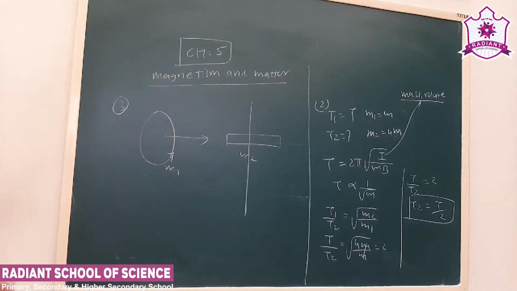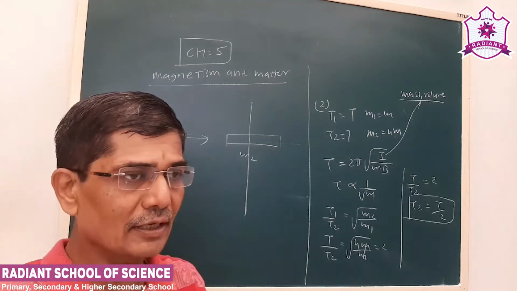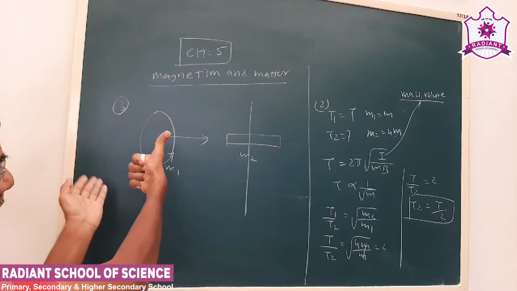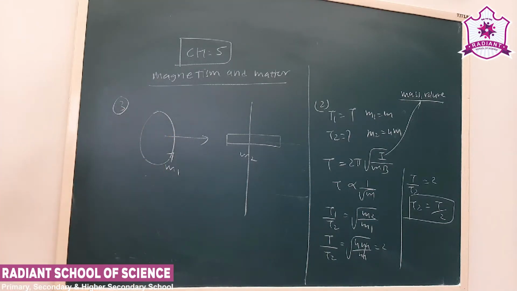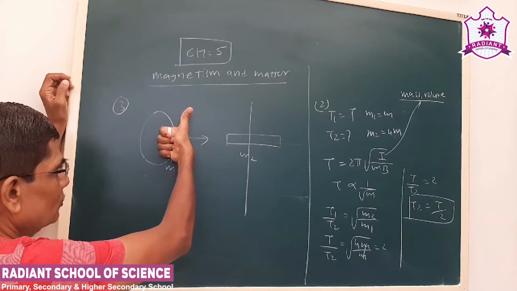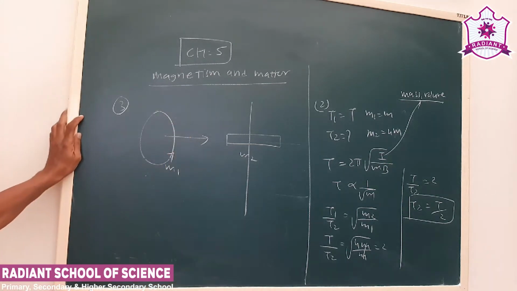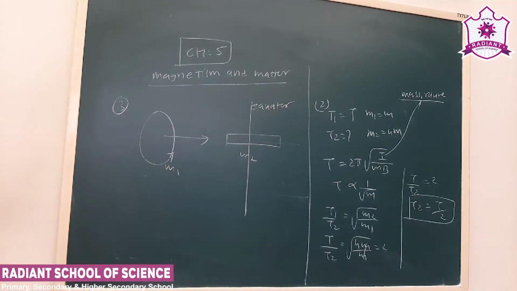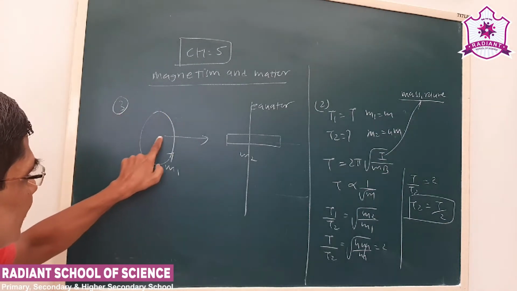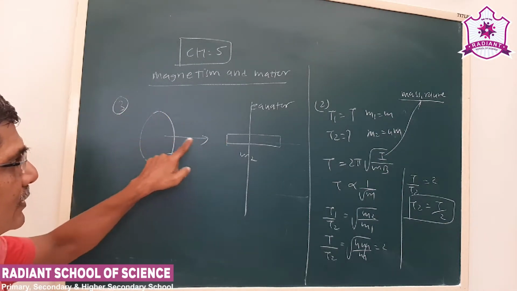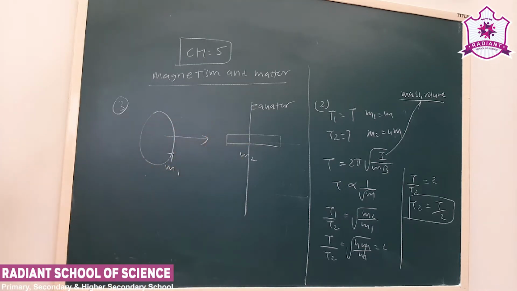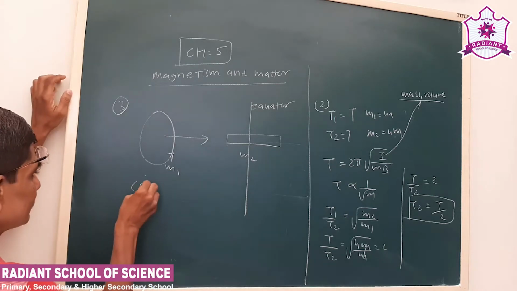Convert that using the right hand thumb rule: the finger wrapping shows the current, then the thumb will show the direction of magnetic field. So this line we know is the equator. The line from the center will be the axial line, but any other point will be on the equator. So our answer will be, it will be on the equator.